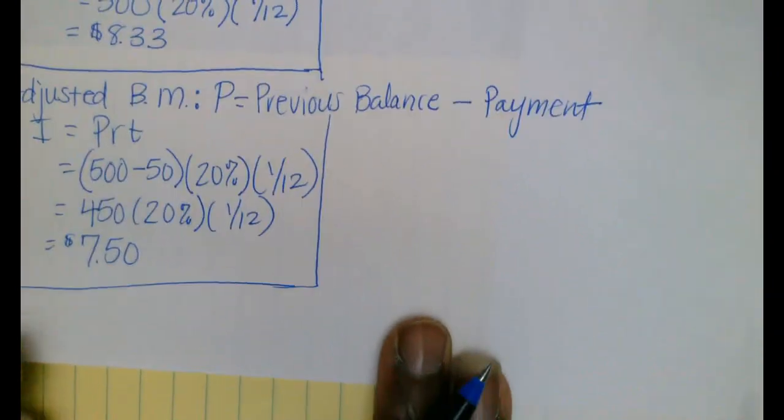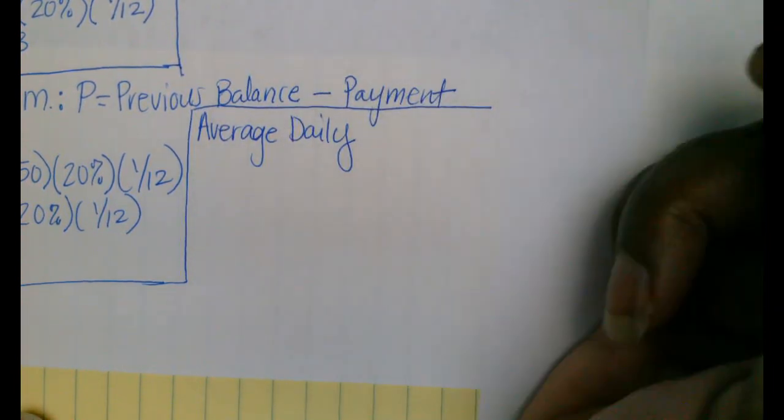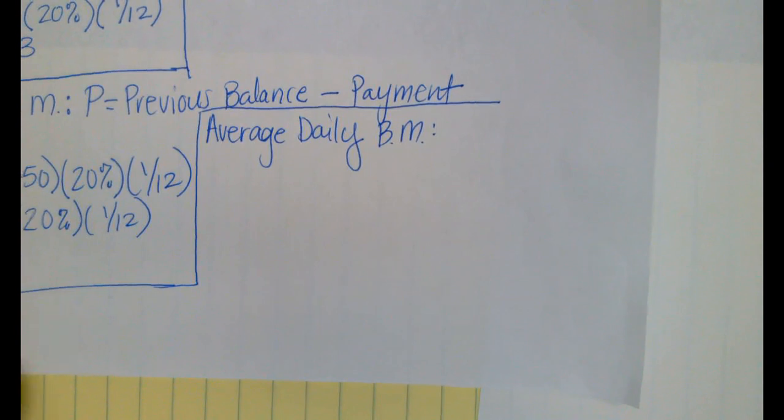Now let's look at the beast. The average daily balance method, the one that everybody loathes. Now, not all questions have this average daily balance method, so don't make it hard unless it has to be hard.